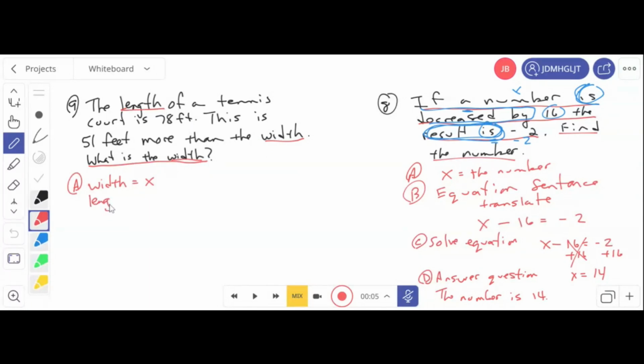So I'm also going to put here that the length is 78 feet. Length is means equals 78 feet. Okay? So the width is x, the length is 78 feet.